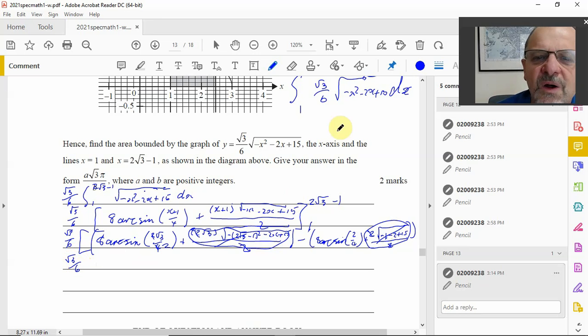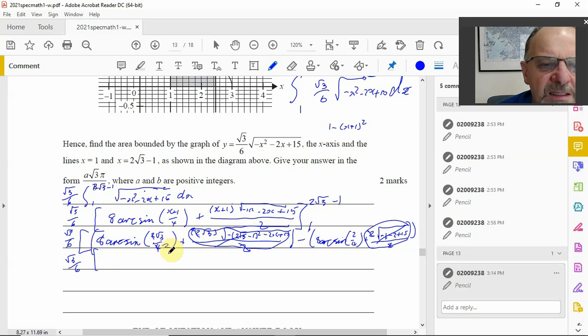Now, just as a side, it's easier if you use the 1 minus (x plus 1) squared version. That works out a lot neater than what I've done here. Anyway, I'm starting to waffle.